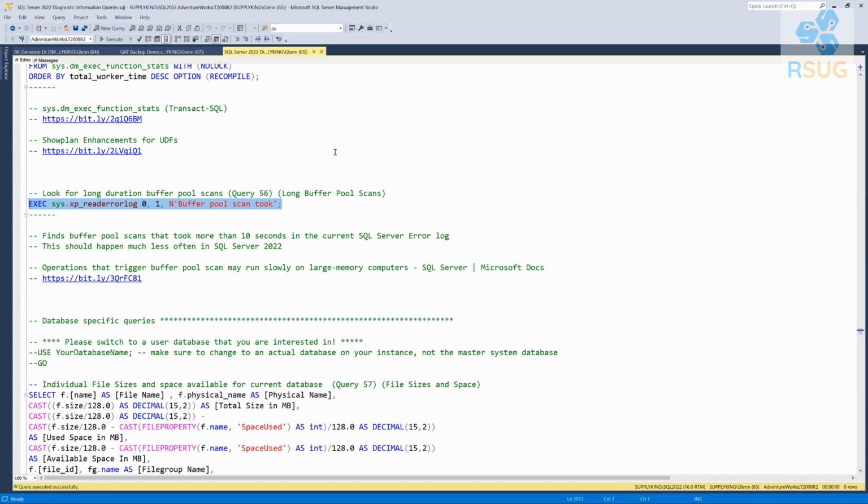Well, Brent might have said that, but I would disagree with him. I know some people don't think page life expectancy is the only thing to look at, and I'm not saying it is, but I find it useful to see what's going on with internal memory pressure. What it's measuring is how long data is in the buffer pool before it gets flushed out to disk.